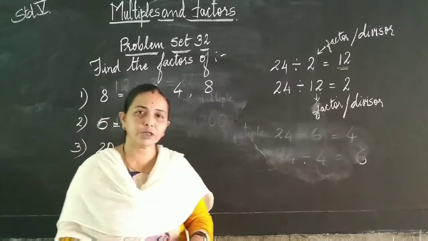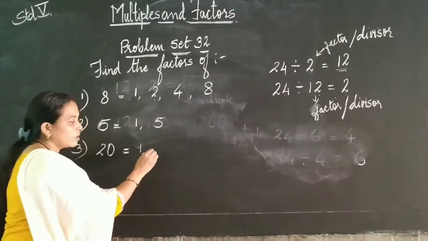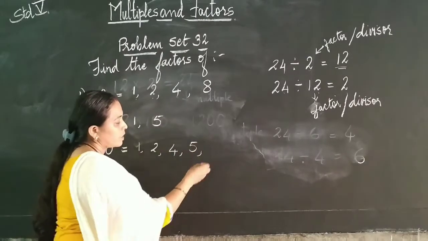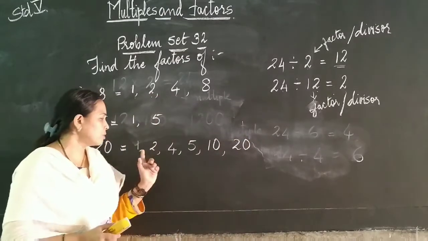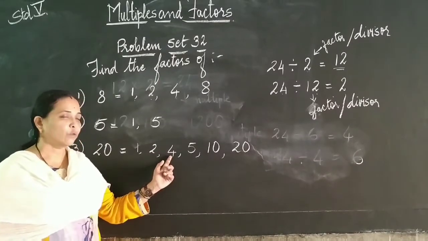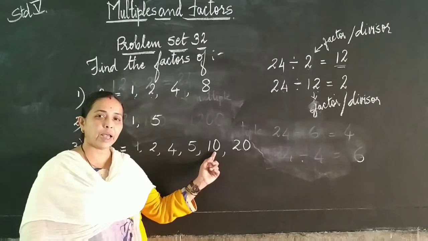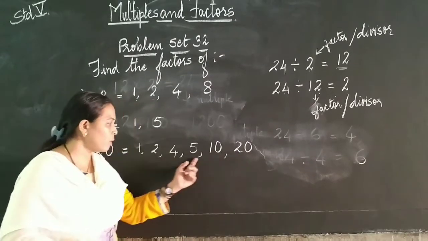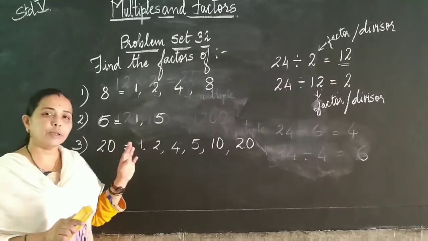Which numbers can divide this 20 completely without any remainder? 1, 2, 4, 5, 10 and 20. So 1 twenty is 20, 2 tens are 20, 4 fives are 20, 5 fours are 20, 10 twos are 20, 20 ones are 20. All these numbers will divide 20 without any remainder.